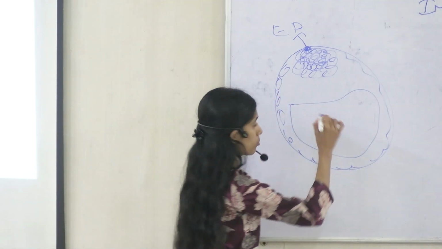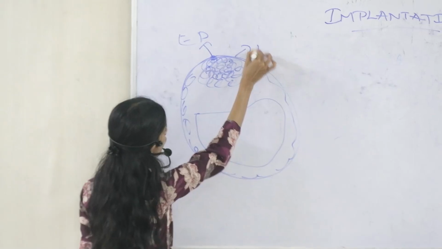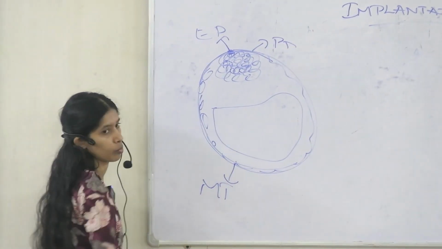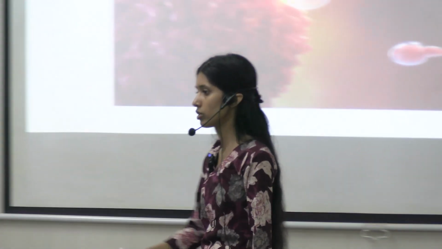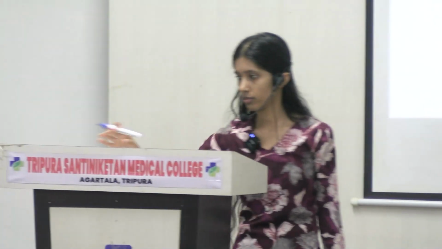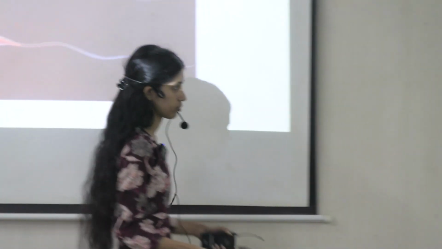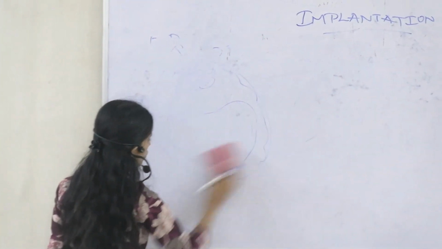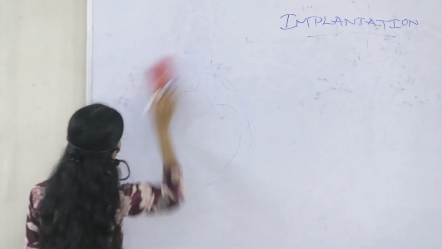This is called polar Trophoblast and this structure is called mural Trophoblast. On which day do we see this formation? The formation of blastocyst takes place on the 4th or 5th day after fertilization.